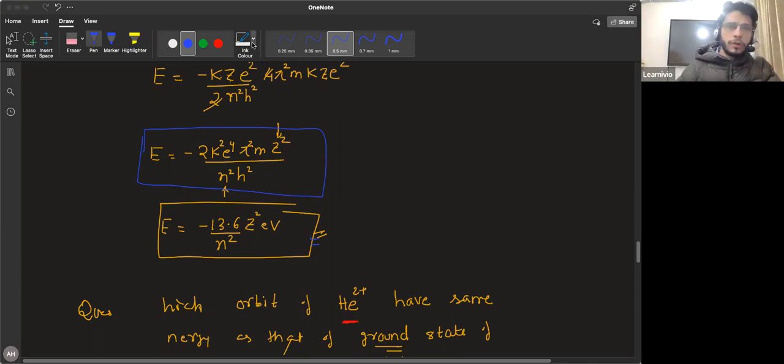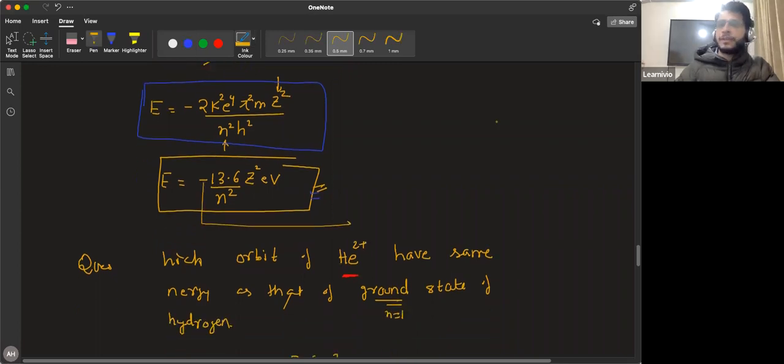Now, there are a few important discussions regarding this energy. First is this negative sign. This negative sign in total energy shows that the orbit of the electron is a bounded orbit. The electron cannot move out of the nucleus on its own. It is in a bounded orbit and can revolve around the nucleus. First thing, the negative sign shows the orbit is bounded.